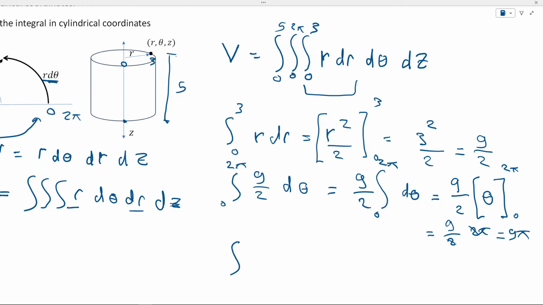Now let's do the last one, from 0 to 5, of 9 pi dz.